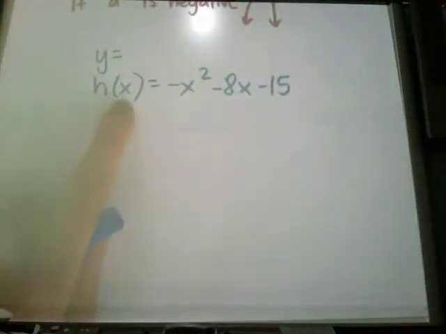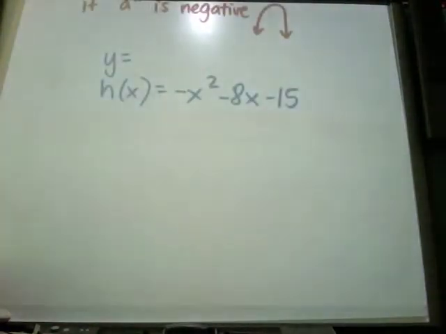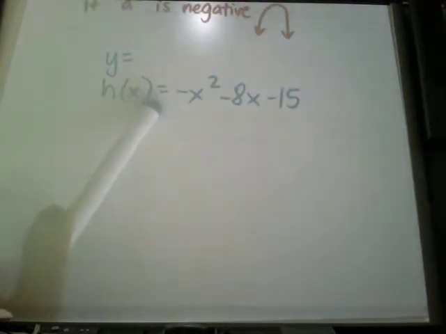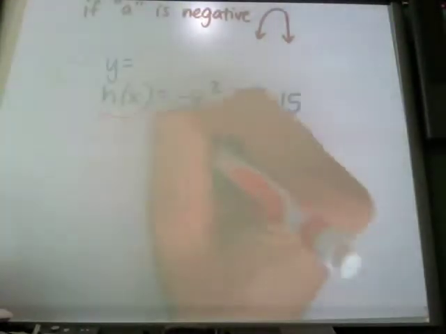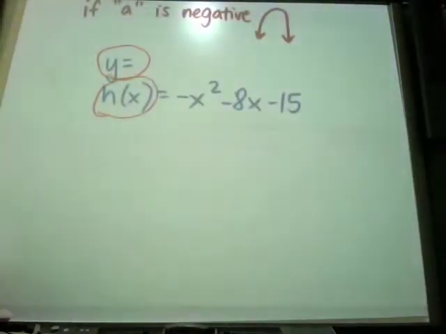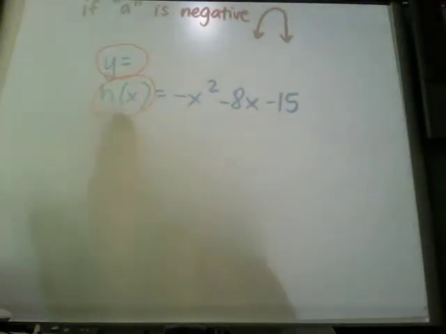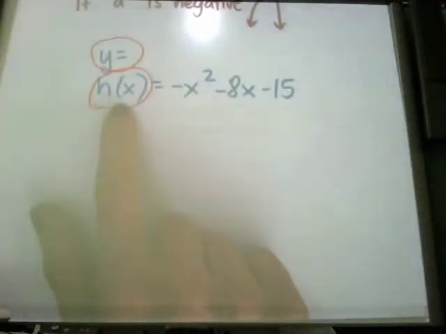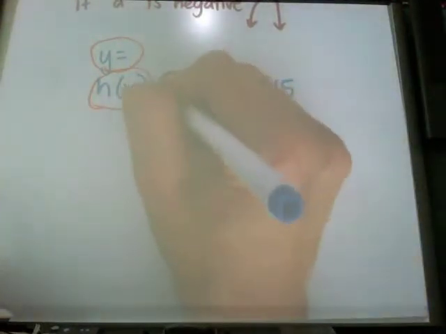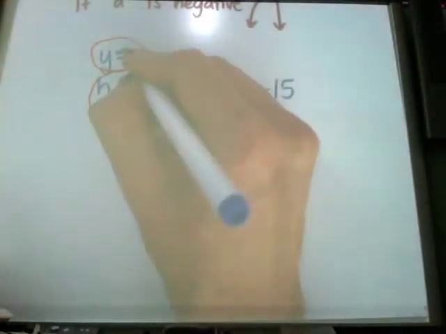If you see one with function notation, where they name it as a function, this h of x or g or whatever, whether they use the equals or the arrow like you saw yesterday, this is your y. When we're talking about graphing, we need a y value, an x and a y. If they show this, just write it down as a y in your book. On the last one we did, we said y equals. So if you see function notation, just swap it out for y equals. And if they use the arrow, like we saw yesterday, swap it out for an equal sign.